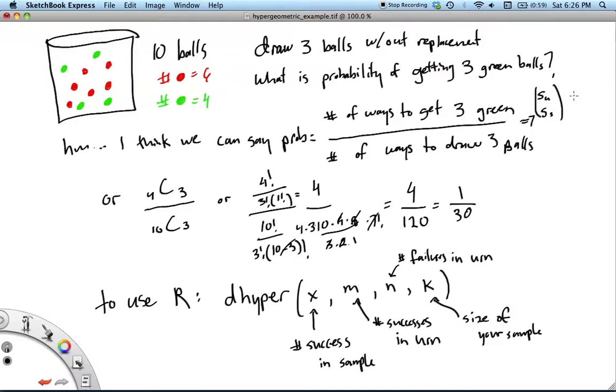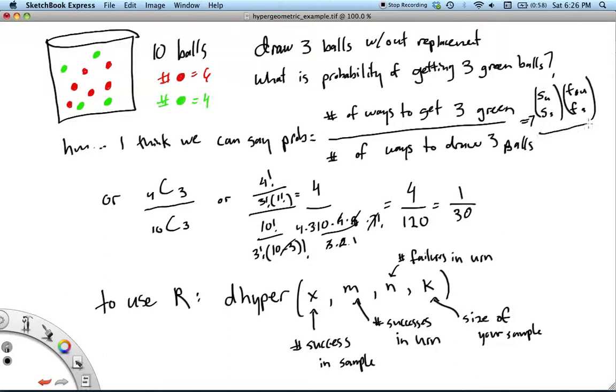And then we'd have to multiply that times the number of failures in the urn, choose the failures in the sample.